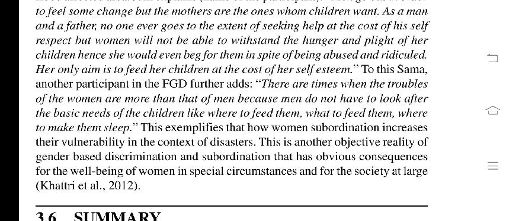This exemplifies how women's subordination increases their vulnerability in the context of disaster. This is another objective reality of gender-based discrimination and subordination that has obvious consequences for the well-being of women in special circumstances and for society at large.